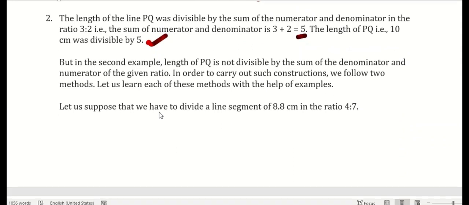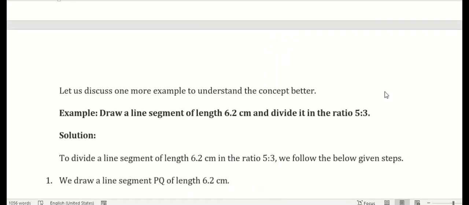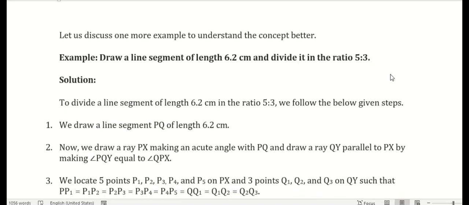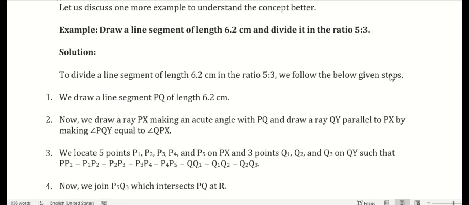Let us suppose that we have to divide a line segment 8.8 centimeter into 4 is to 7 ratio. Let us discuss one more example to understand the concept better. Draw a line segment of length 6.2 centimeter and divide it into the ratio 5 is to 3.